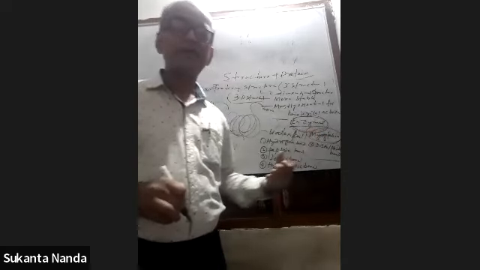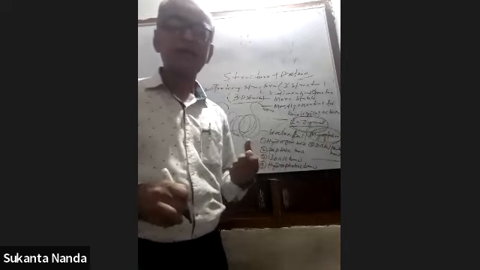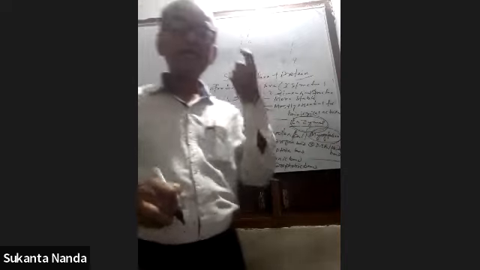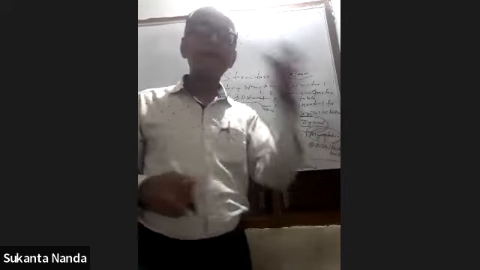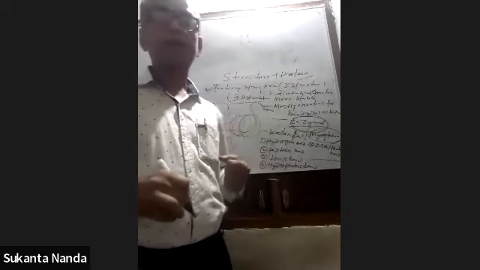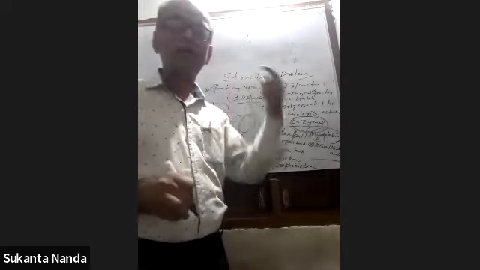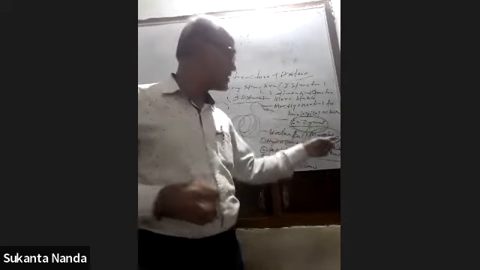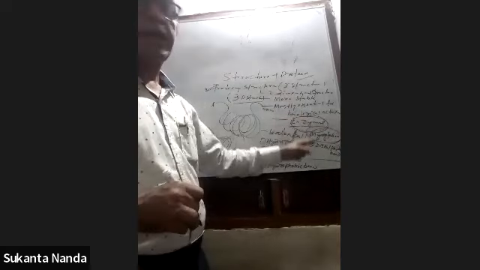As hemoglobin is the oxygen carrying pigment in blood, similarly myoglobin is the oxygen carrying pigment in muscles. A question will generally ask which one is the oxygen carrying pigment in muscles. The answer will be myoglobin. So you have to remember that point.